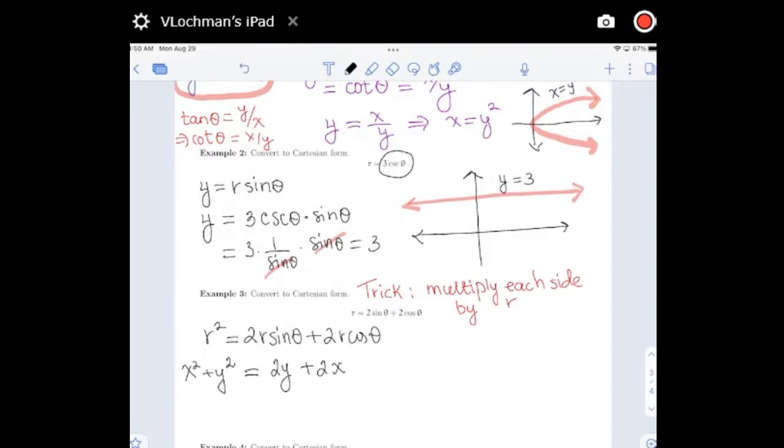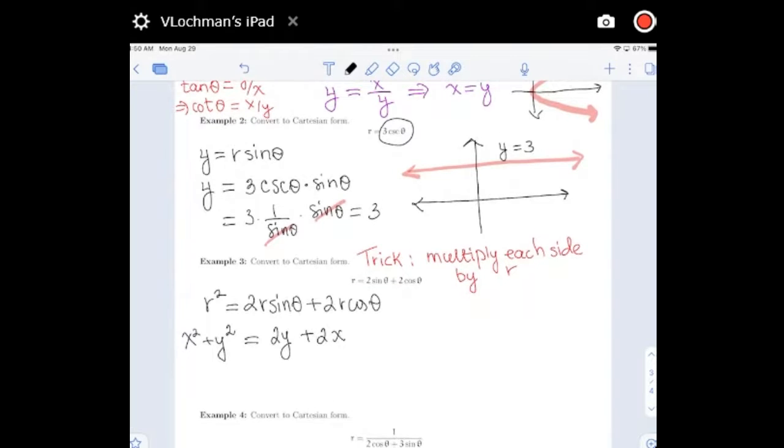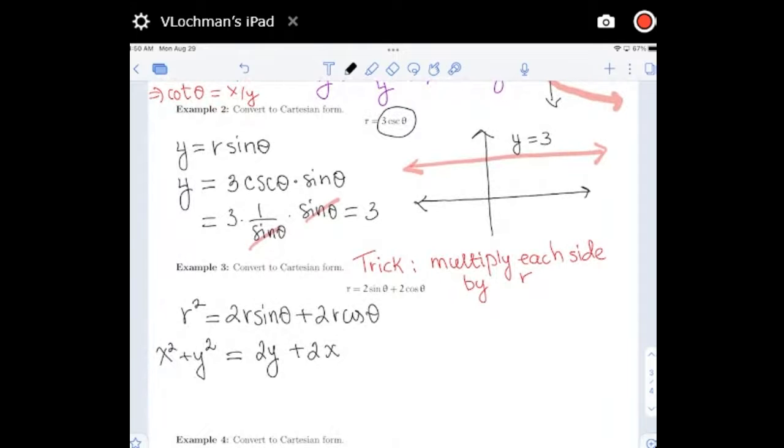So we're going to complete the square, and you will see that what we actually get is a circle. To complete the square, I'm going to group up my terms, x's with x's and y's with y's.